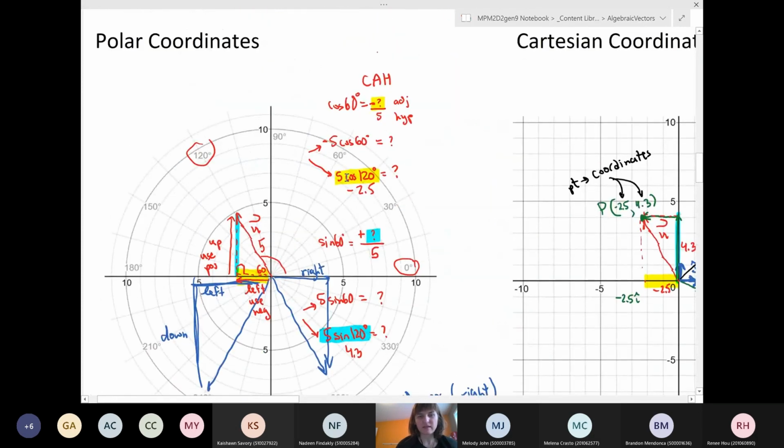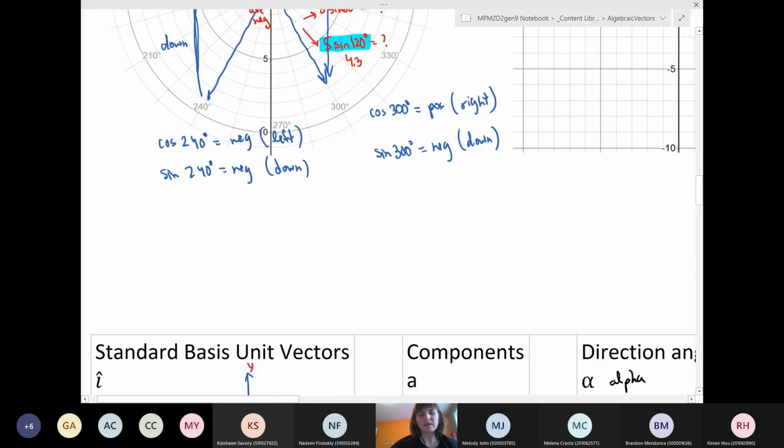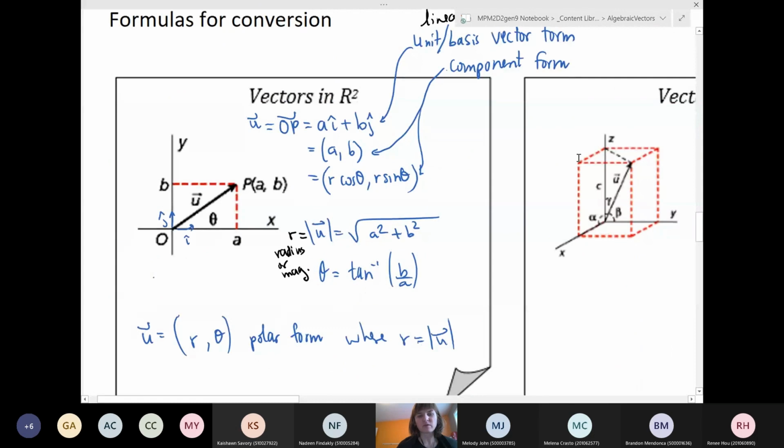So this was the radius. The radius of this was 5. So remember, this is the radius of a circle, or the size of the vector, size 5. And then horizontally, it was to do with cosine of the full angle of rotation from positive x-axis. And then for vertical, it was always to do with sine. Okay, so that's exactly the formula that's summarized over here for you, so you can use it.